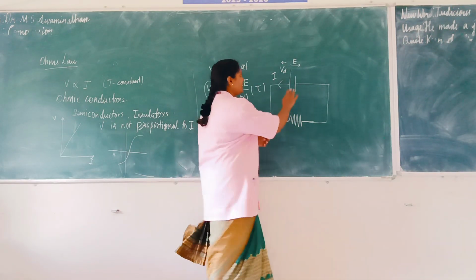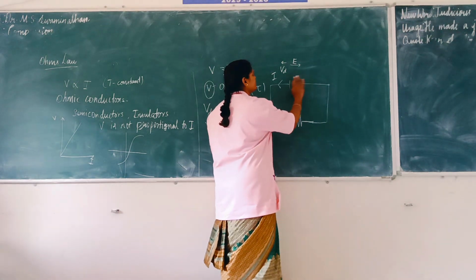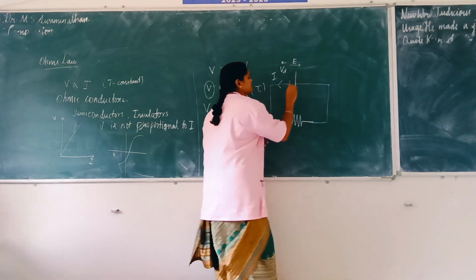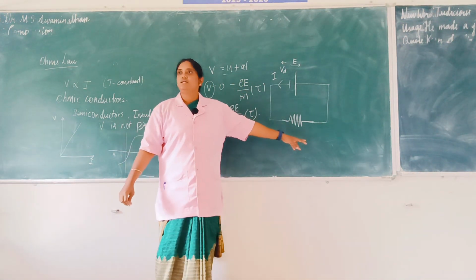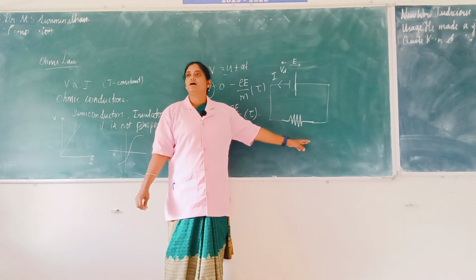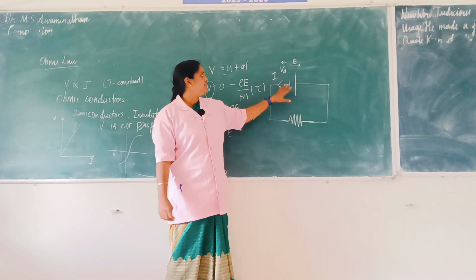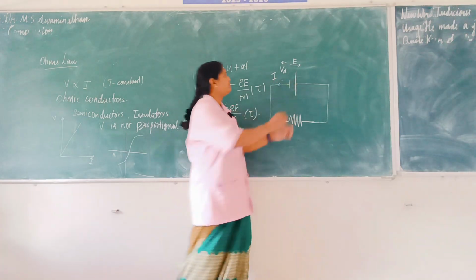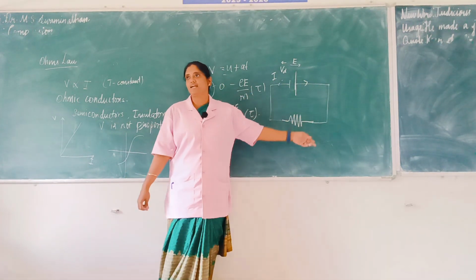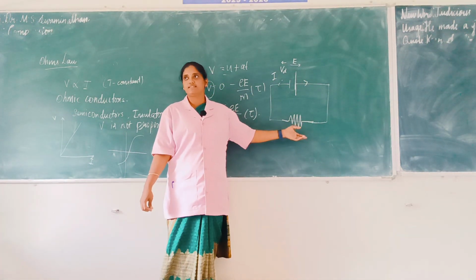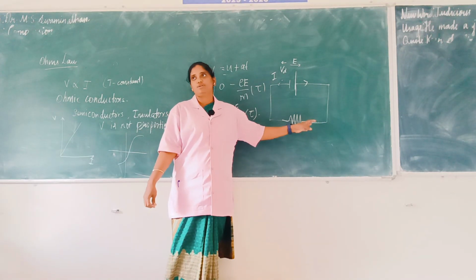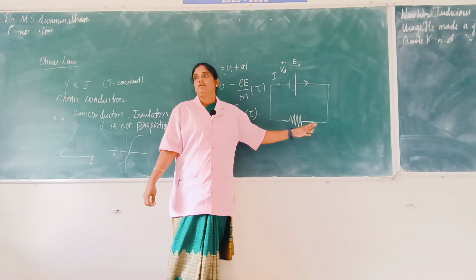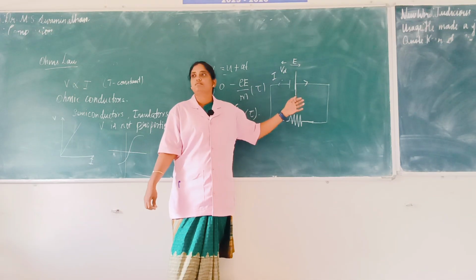So if I change this direction, will now it conduct? The direction will be changed and it starts to conduct the current, isn't it? The resistance will conduct, isn't it? But in case of diode, it will not allow this. It only allows one type of motion.